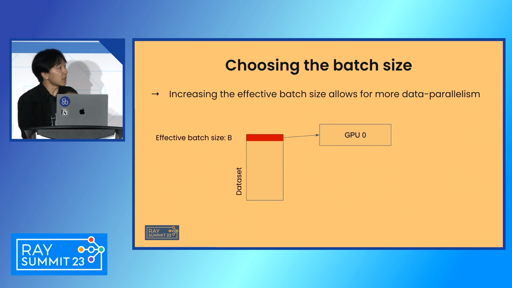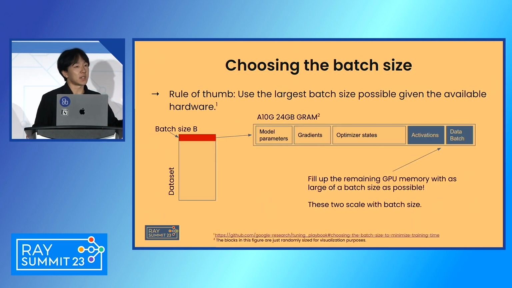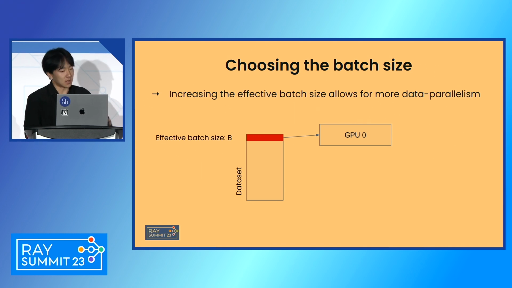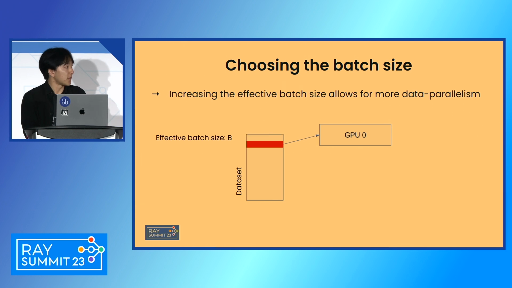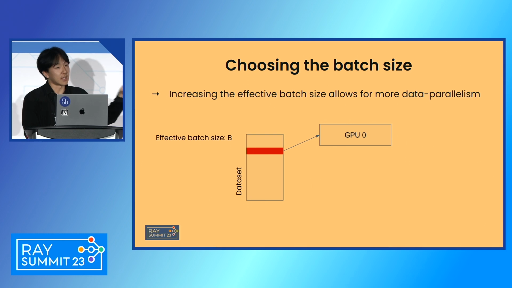The slide I just showed is how to optimize your GPU utilization for a single device. When I start to introduce data parallelism, I can actually increase the effective batch size, and I just want to show how that looks. For a single device, if I'm iterating through with a batch size of B, I'm just iterating through my data set B at a time.